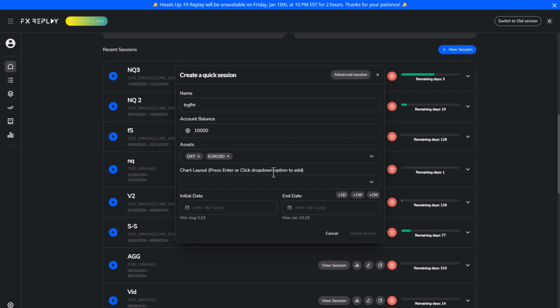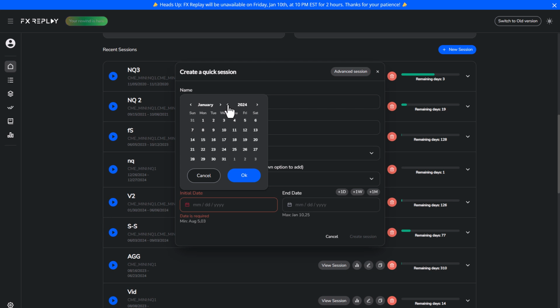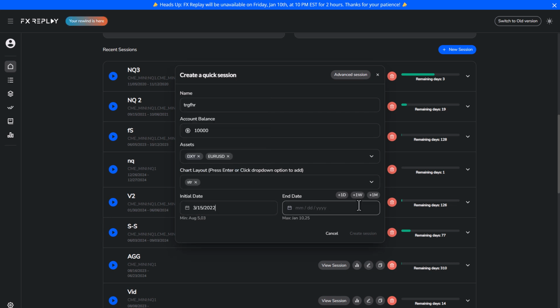All right, those conditions to confirm that idea from the higher time frame, right? And let's see. Let's use maybe this one, right? This year, and let's do 1 week.